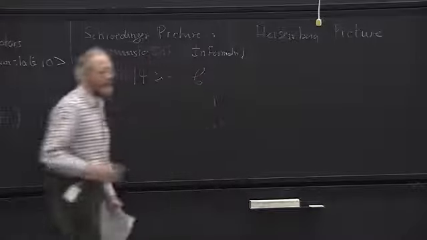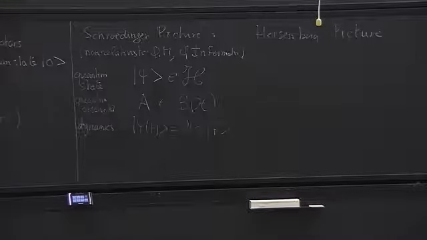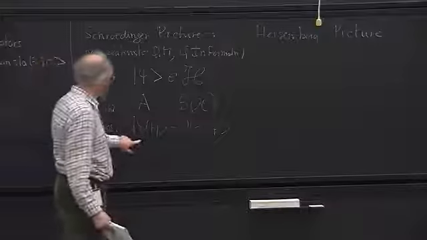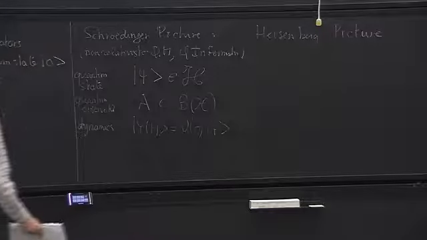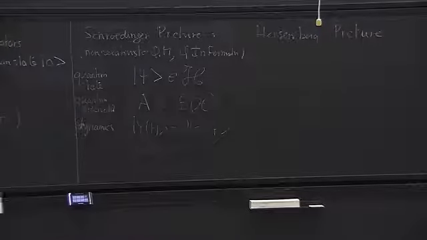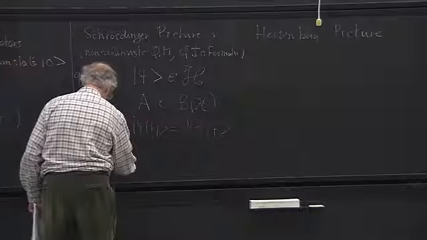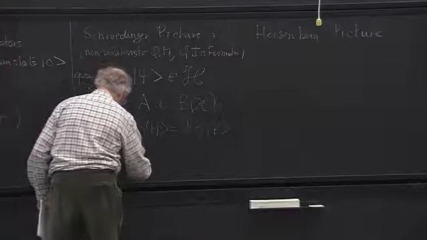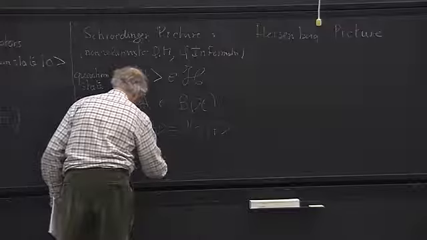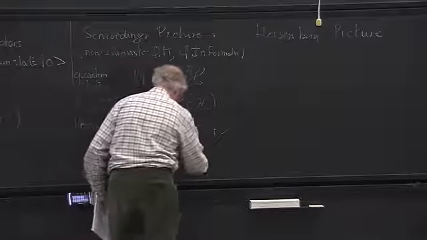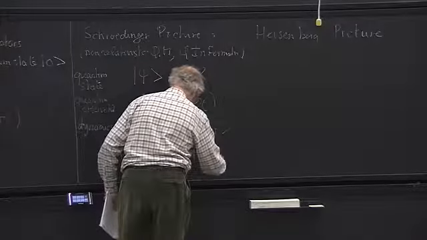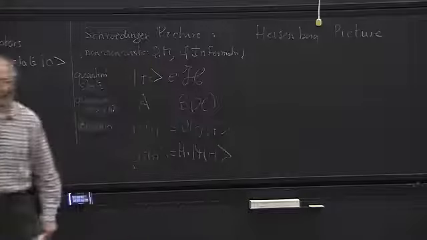Okay? And in particular, taking the derivative of this with respect to t is equivalent to obtaining the Schrödinger equation: iħ dψ(t)/dt equals H times ψ(t). This is the Schrödinger equation.